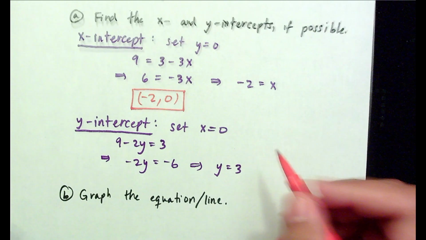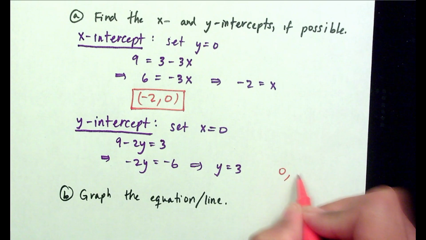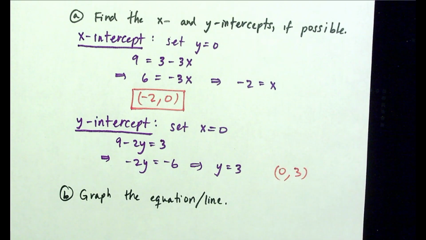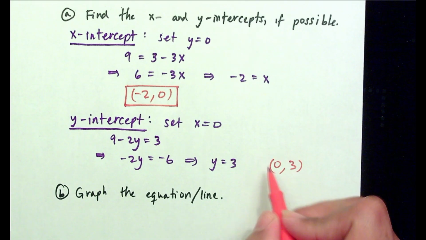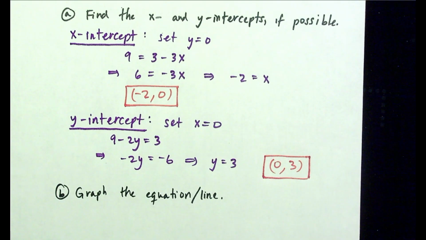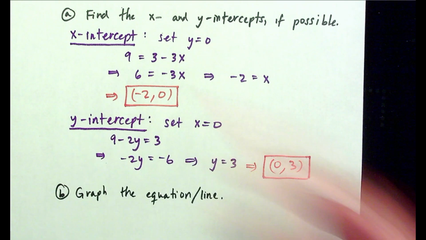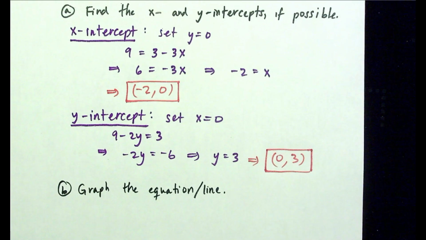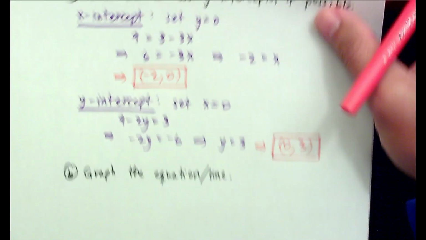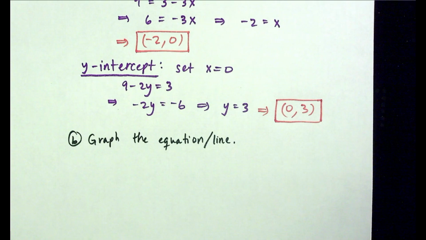So that means the y-intercept is 0, 3. That's a point on the plane. Okay, so those are the intercepts. Now using these two intercepts, we can graph the equation for the line.